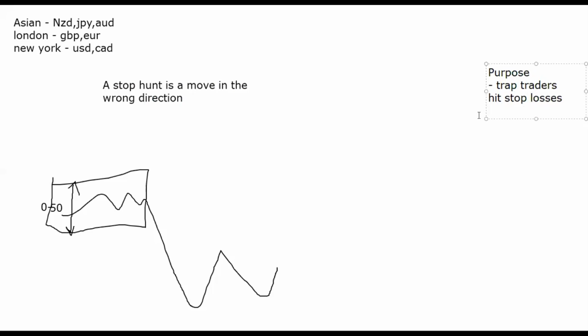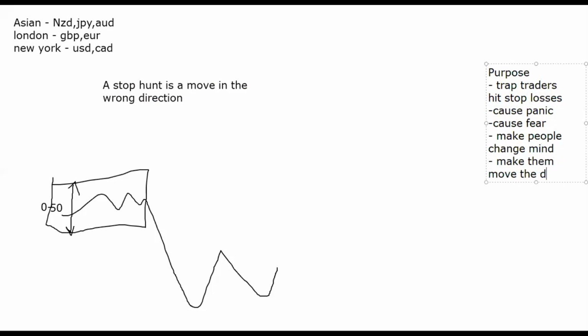The purpose of a stop hunt is to cause panic, cause fear, to make people change their mind, make them move the wrong direction, etc. So to make you feel left out.